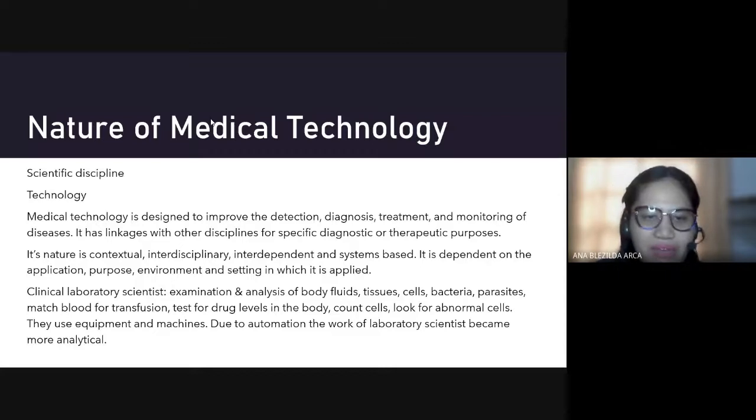So, kailangan mo na mag-testing ka. Which is very important because if you transfuse an incompatible, ibig sabihin ng incompatible, hindi siya match. Okay? Hindi siya good for the patient. Then, the patient can have hemolysis, masisira yung kanyang mga dugo. And then the patient can have side effects such as high fever, pwede siya magkaroon ng cardiac arrest. And then pinaka-worst case scenario is that the patient can die. Okay? So, ganun ka-importante yung ating trabaho.